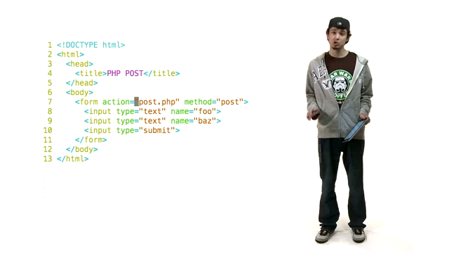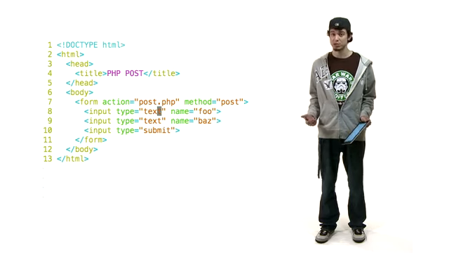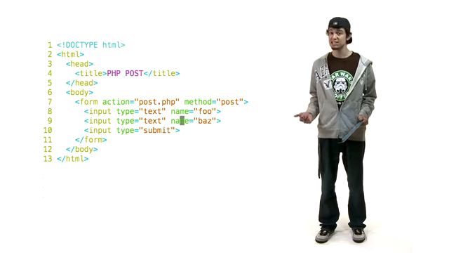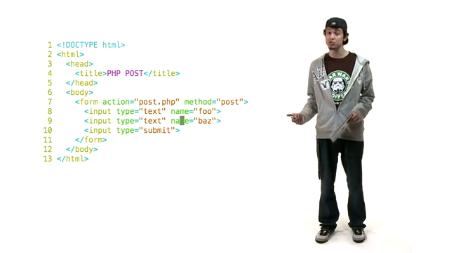So here, our two input elements have name attributes. The value of the name attributes will serve as keys into our data, and the values of the text inputs will become the values of those keys. So now let's take a look at post.php, the file that this form is submitting to.